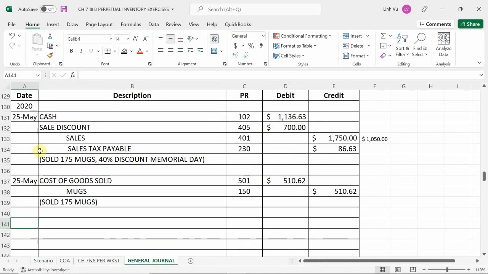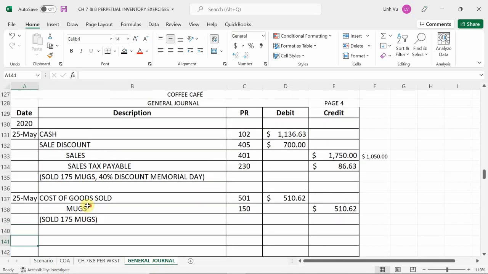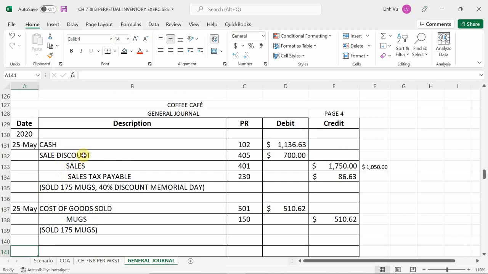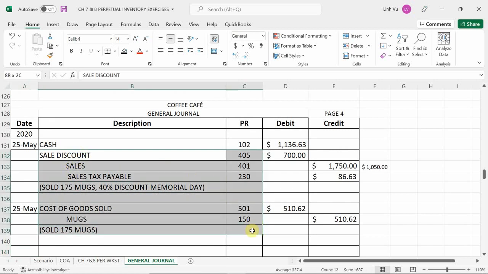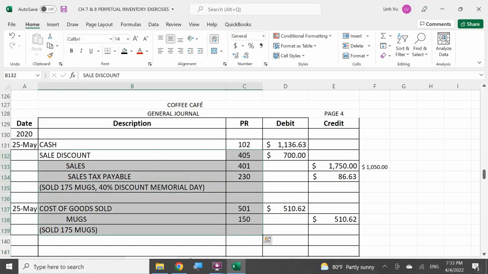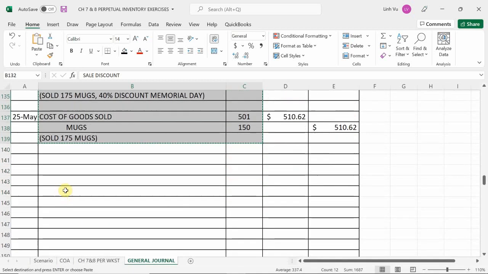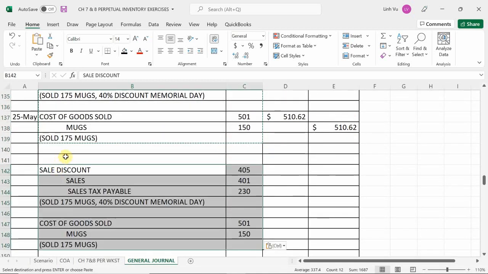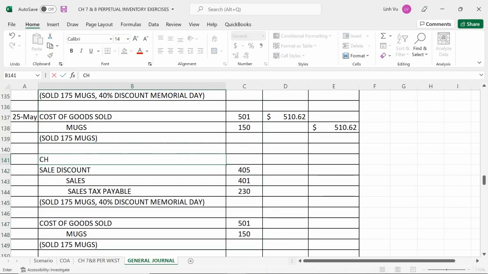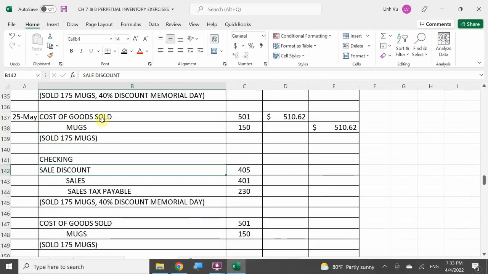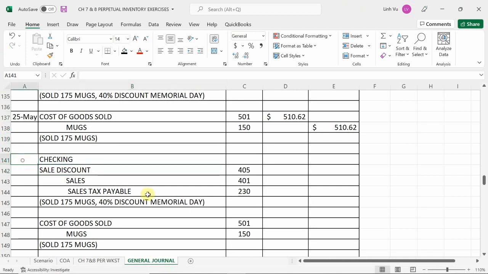Okay? So, very similar to this. The only difference is, he's going to be paying with a Visa credit card, so that's going to go automatically straight into your checking account, and this was on May 28th.